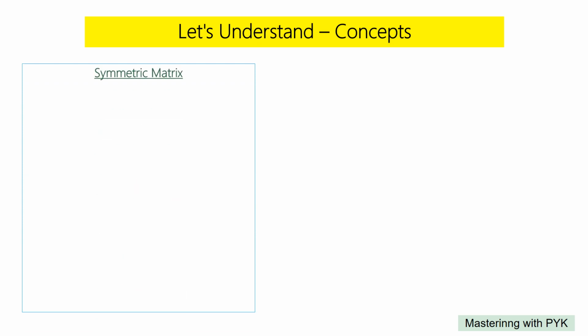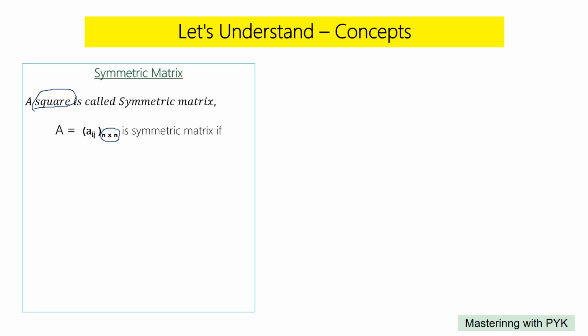What is a symmetric matrix? A symmetric matrix is a square matrix. So you'll have to be very clear. A square matrix is called a symmetric matrix if, for a matrix denoted by Aij, see here, it is a square matrix, so it is n cross n.